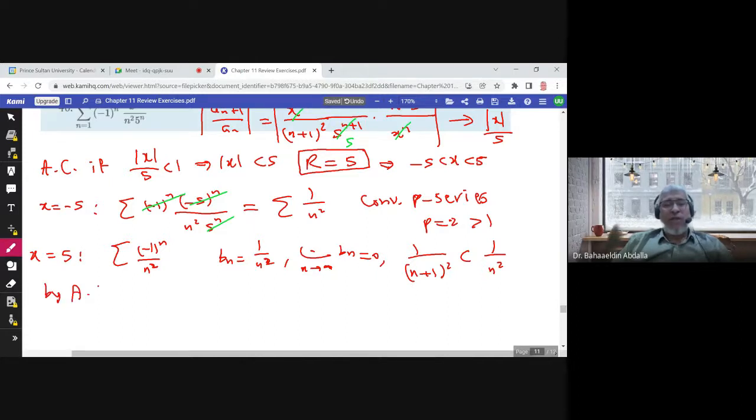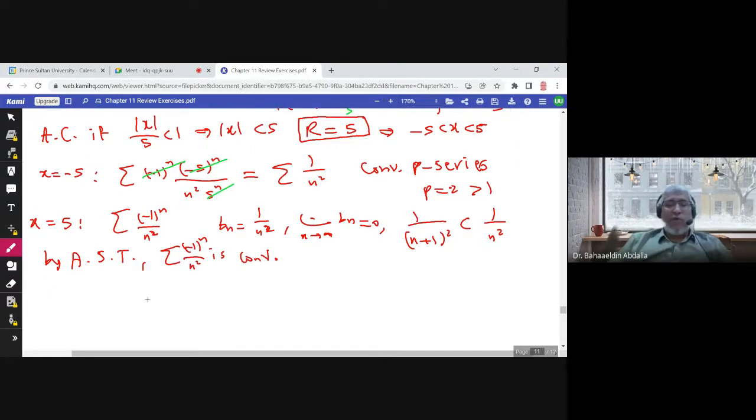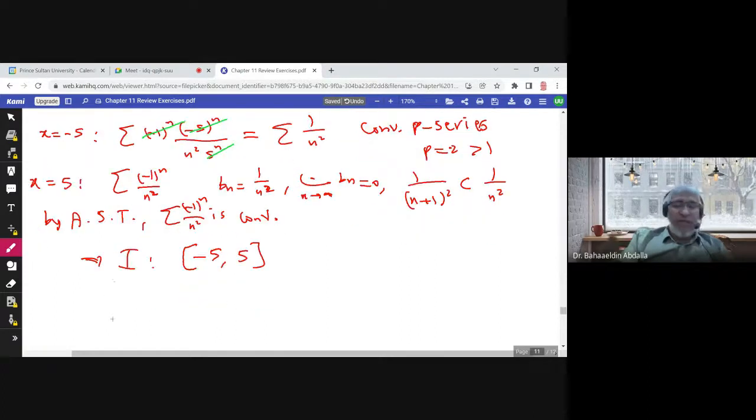So by the alternating series test, this series is convergent. So the interval of convergence is -5 to 5 closed, because at 5 it is convergent and at -5 it is also convergent.